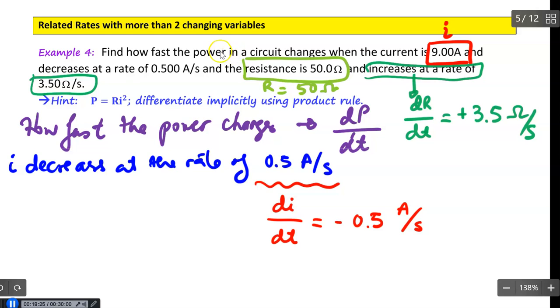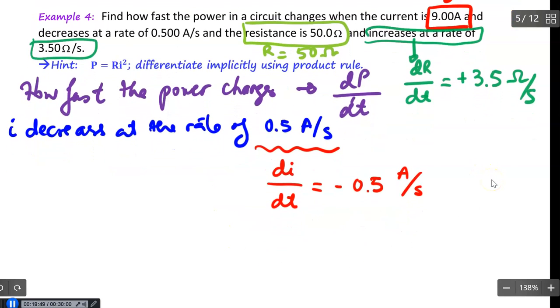If you want to find the power given the resistance and the current, then this is the formula you are going to use. The I here represents the instantaneous current, and it represents the rate of change that we are talking about in this particular problem. Okay, let me write this for everyone.